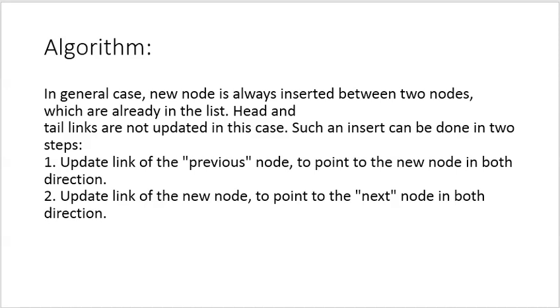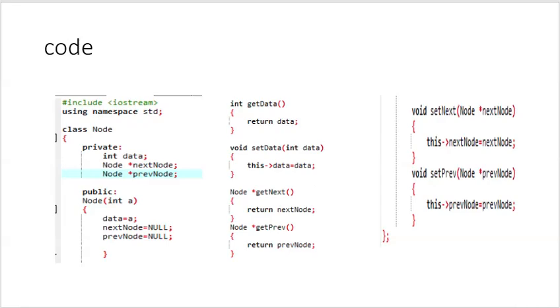So here is the code which I have implemented for you for a doubly linked list. In this case I have implemented the code through classes. There will be 3 CPP files. In one CPP file I have created a node class.